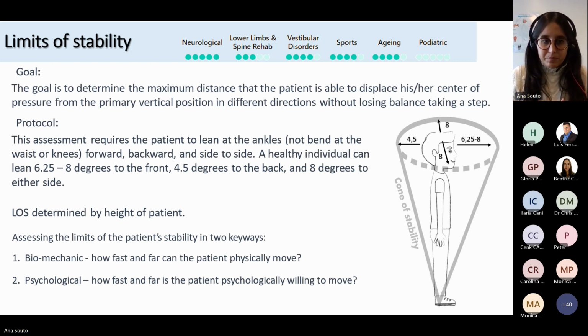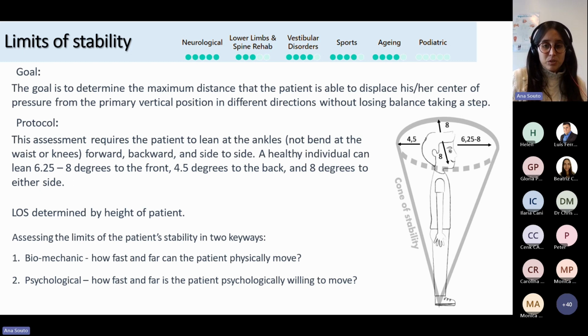Okay. So limits of stability is a common protocol used for evaluating stability and voluntary motor control in dynamic states. This protocol provides valuable biomechanical information by tracking the instantaneous changes in the center of mass, velocity, and position.